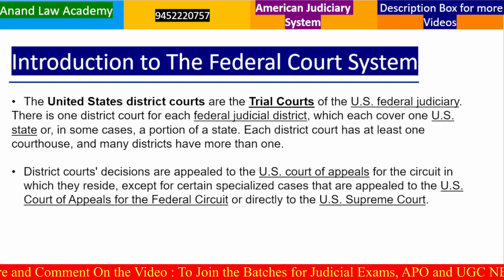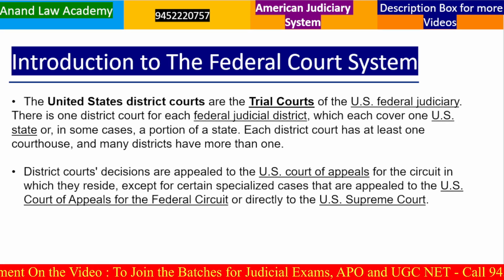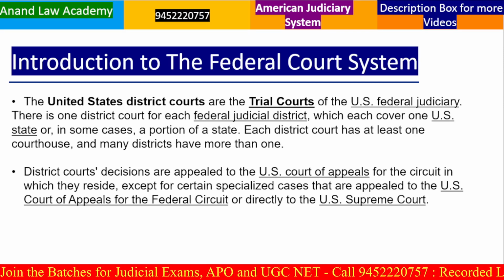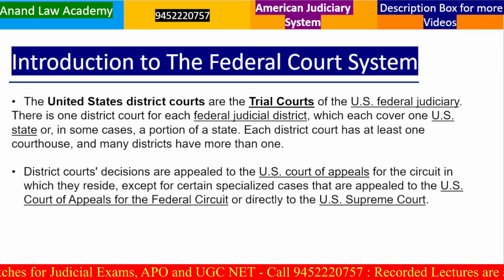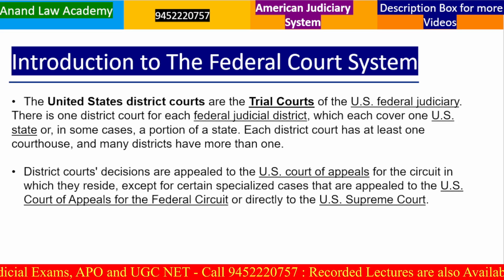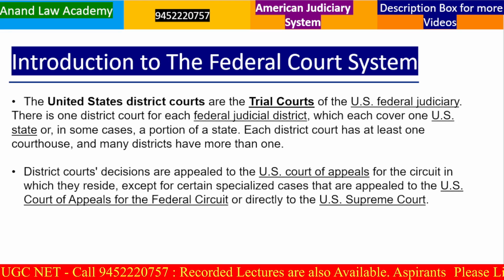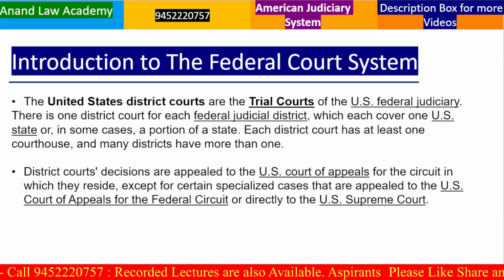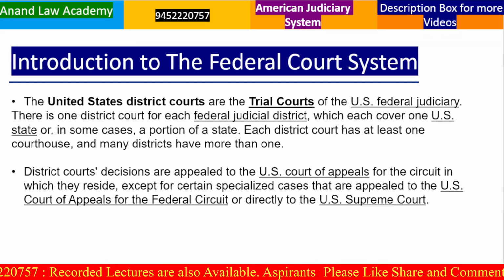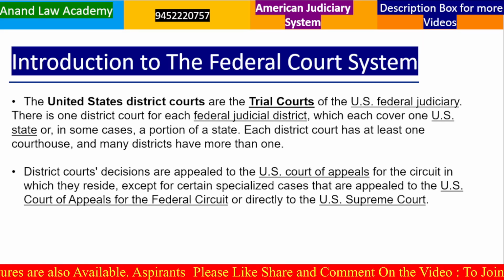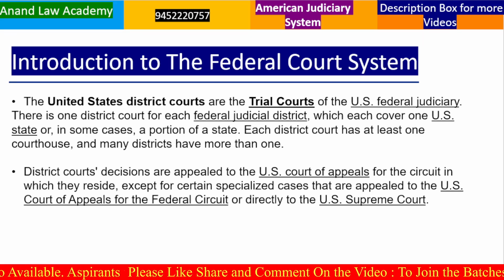District courts' decisions are appealed to the US Court of Appeals for the circuit in which they reside, except for certain specialized cases that are appealed to the US Court of Appeals for the Federal Circuit or directly to the US Supreme Court. Here I have told you that there are two systems running simultaneously. One is the federal system and one is the state judicial system.